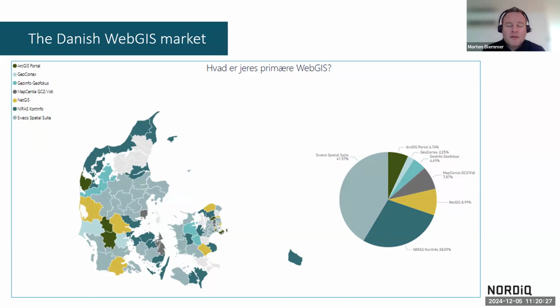But the thing is that WebGIS in a municipality in Denmark is a very important tool. It's the main GIS tool. I would say that probably around 80% of the people using GIS in a municipality in Denmark are using a WebGIS solution. So WebGIS is the main solution for GIS.